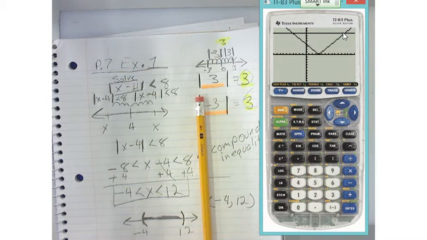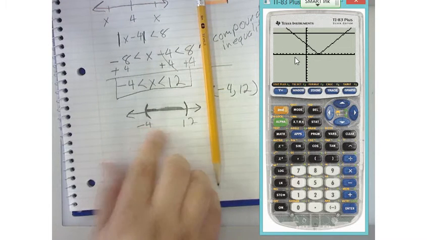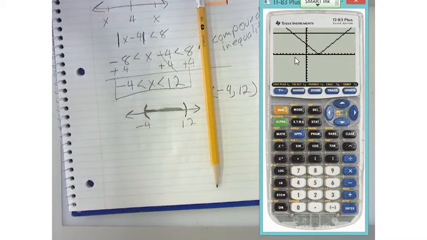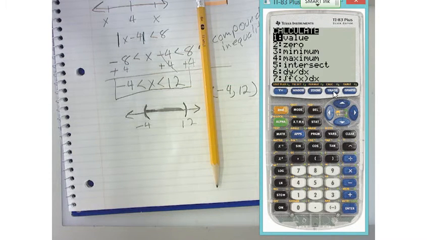So, when it says less than 8, first we've got to pick out the numbers. Where do I get the numbers from? Looking at the graph. We know algebraically we solve -4 and 12, but how do I get those numbers to pop up on this graph? Find the intersection. I'm going to hit second trace, which brings up the calculate menu.